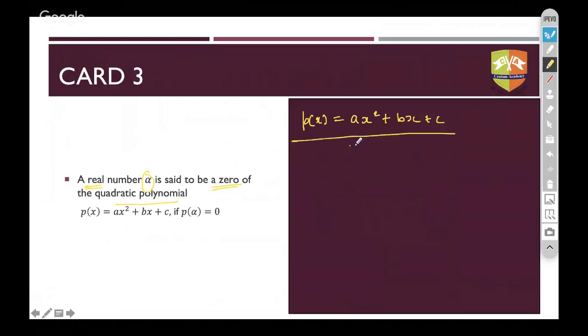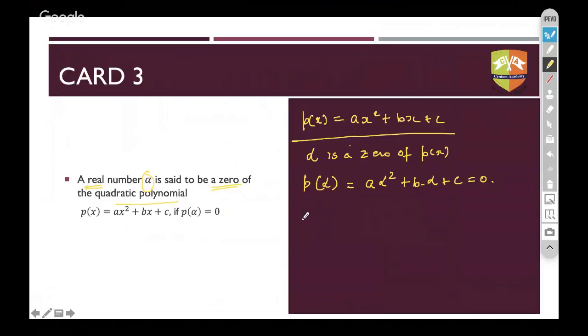If alpha is a 0 of p(x), then alpha is that value which will make p(x) 0. So if I plug in alpha in place of x, you will get p of alpha as 0. That means a times alpha square plus b alpha plus c equals 0, right?